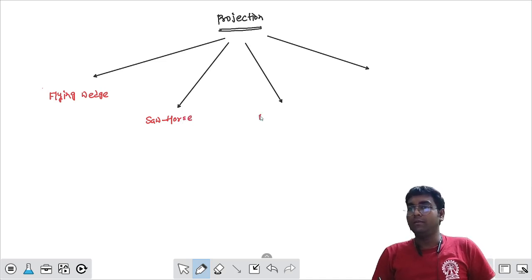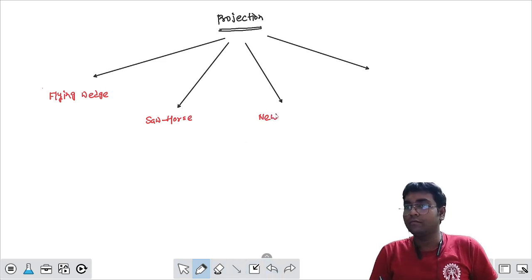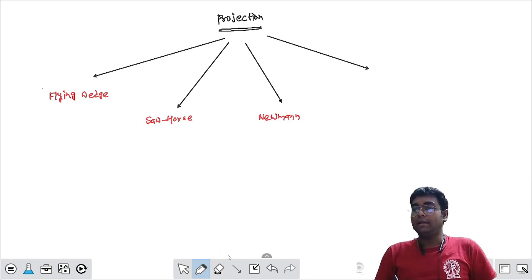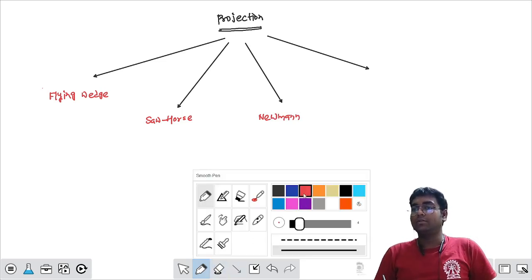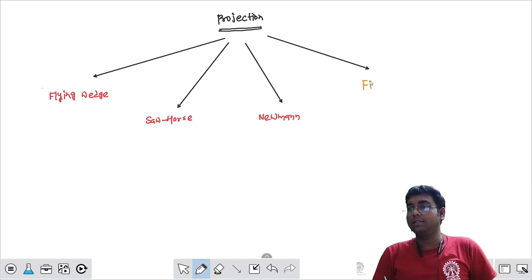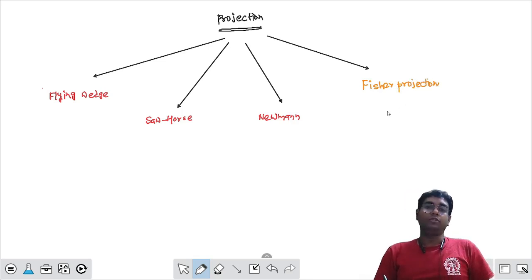Third one will be Newman projection, and another two-dimensional projection will be there, which is called Fischer projection, and it is very important in case of RS nomenclature. We will learn about that as well. So we need to understand these four projections.